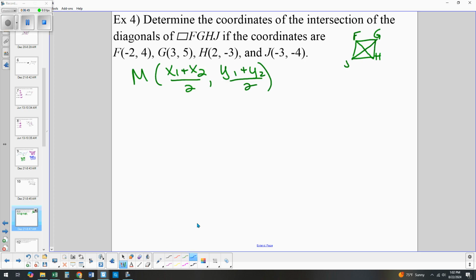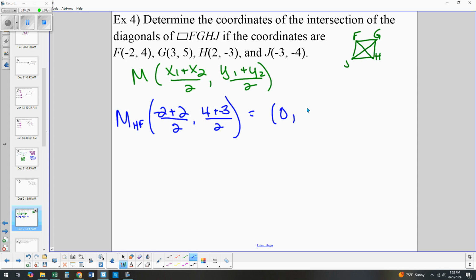So if we're going to find the midpoint of FH, oh, I wrote the H first, that doesn't matter, negative 2 plus 2 over 2, 4 plus negative 3 over 2, so that's 0 over 2, which is 0, and 1 over 2, which is 1/2.